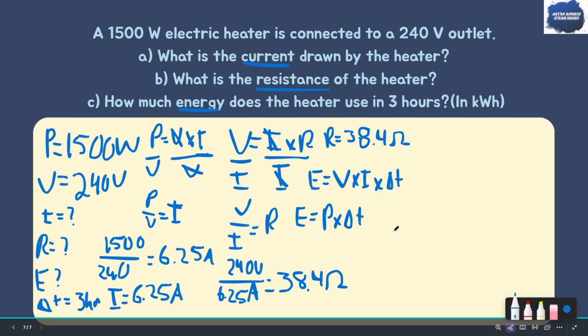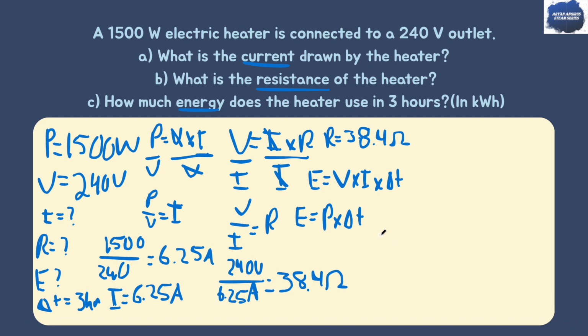Do you realize why? I'll give you a second to think about it. Because the power formula is voltage times current. So instead of writing voltage times current, you can just write power. And we already have power.